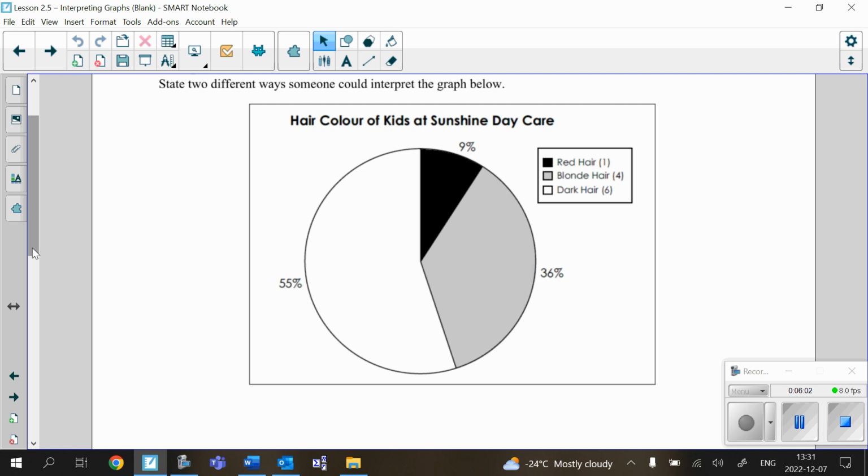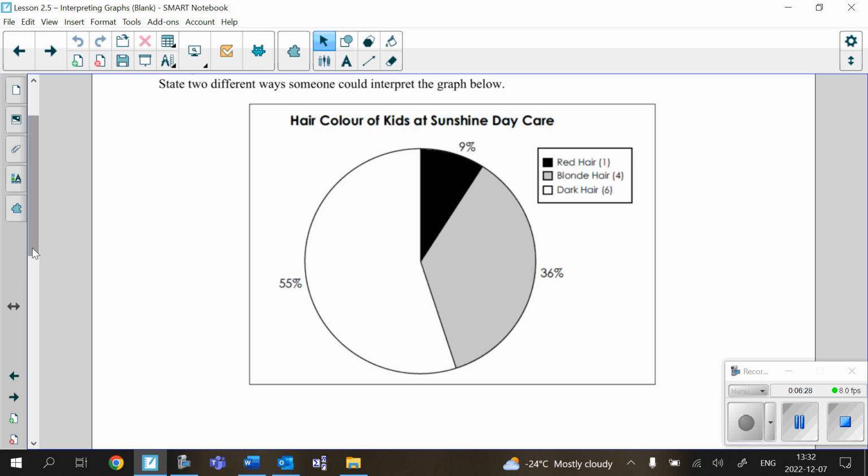What would you tell me? What's the first thing that pops into your head? Most of them have dark hair, or a little over half have dark hair, right? Or we could say a third of them are blondes. Or we could say almost half have red hair and blonde hair, okay?